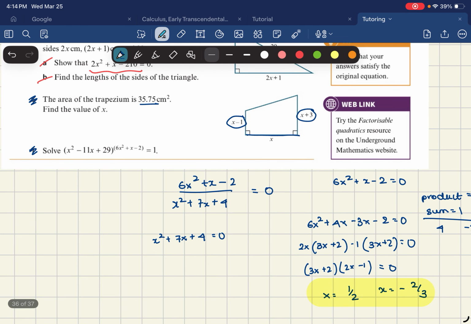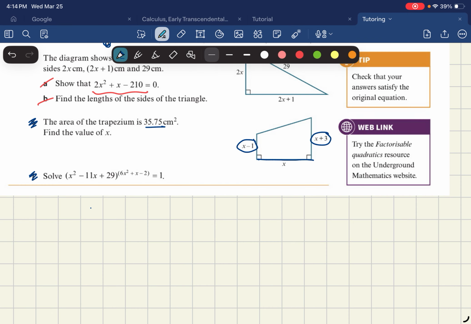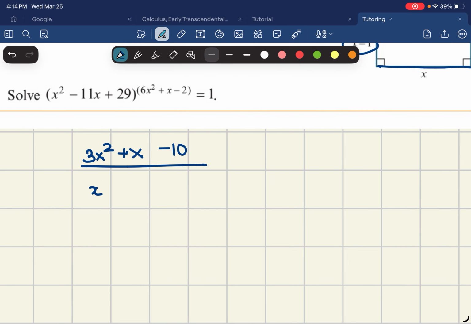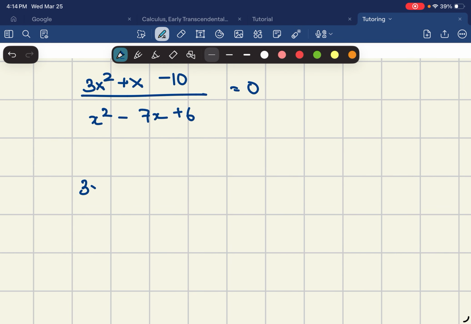So we have (3x² + x − 10) / (x² − 7x + 6). And therefore, if I set the numerator to be 0, then the sum is 1 and the product is negative 30.